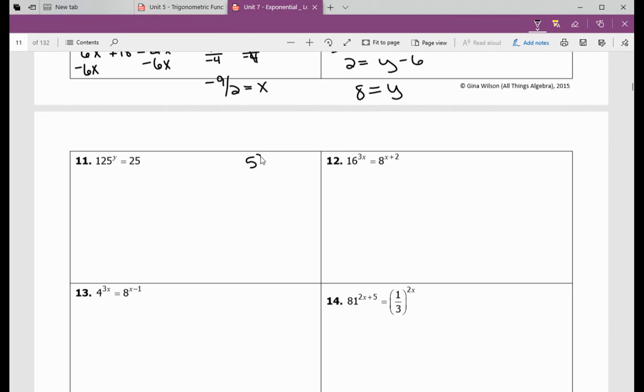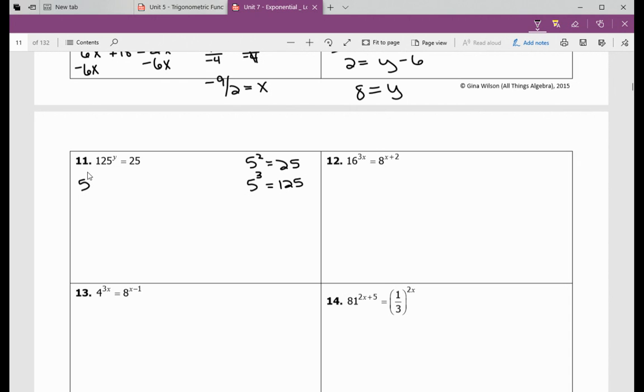If I do 5 squared, that gives me 25, but what do I get when I do 5 to the third? I get 125, okay? So this time I'm going to have to change both of the bases, but at least I can change both of them to a base 5, even though that exponent's different, and that's okay. I can get them to a base 5.